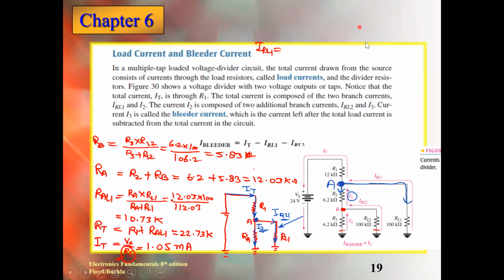Check first the formula. Then tell me. Oh no, sorry, doctor. It's up RL2. Check it, then tell.